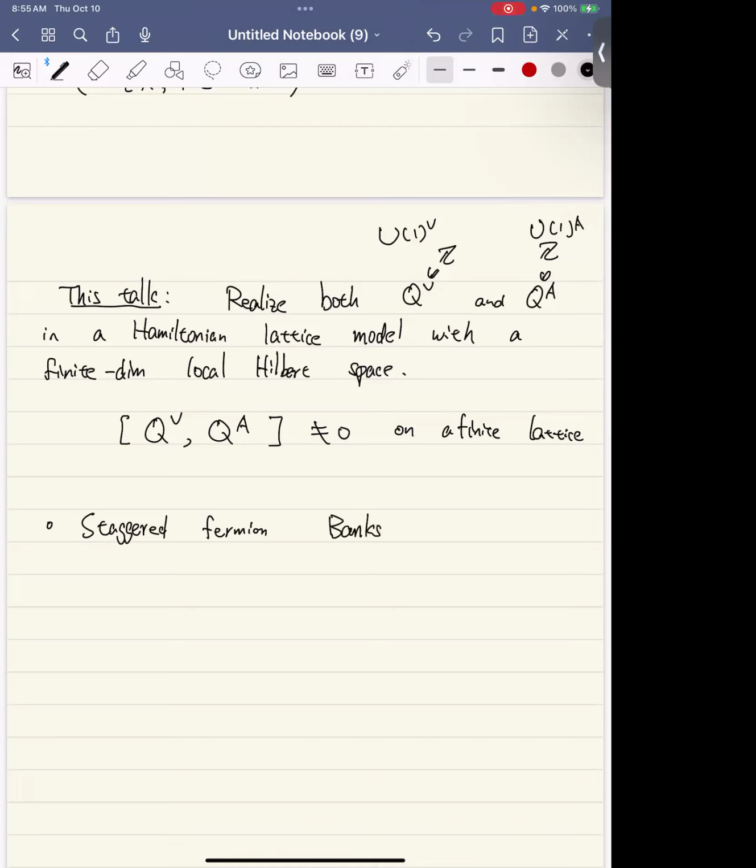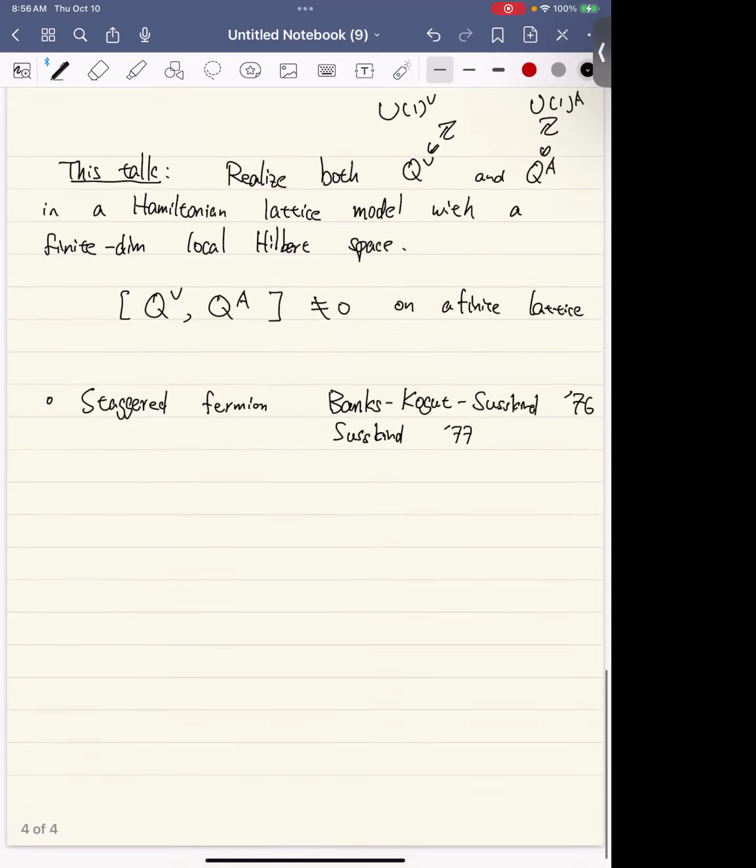This model was already known for almost 100 years, but it was discussed in the context of lattice gauge theory, first by Banks, Kogut, Susskind back in '76, and also by Susskind in '77.